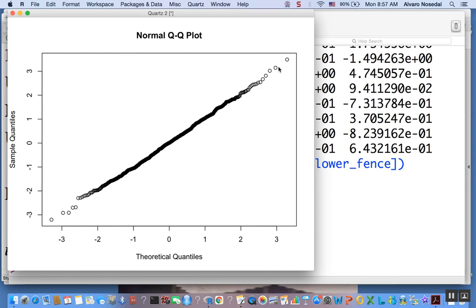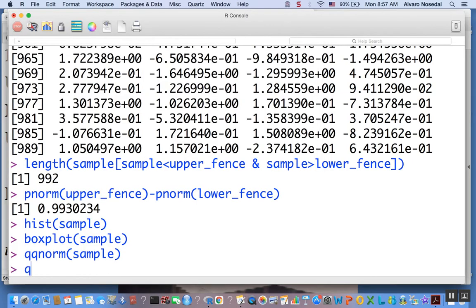In this case, this sample comes from a standard normal, so these points look very close to forming a perfect line. We could add that theoretical line with the command qqline. Let me make that line red.